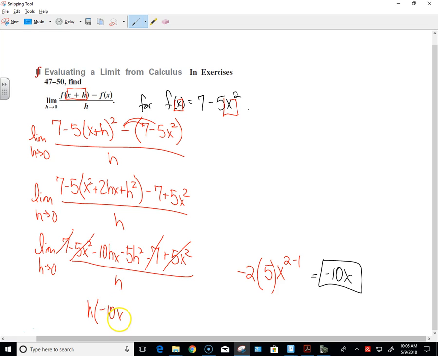Negative 10x minus 5h all over h. What happens to those h's? Gone. Why does the limit now disappear? Because I'm plugging in, but I'm only plugging in for h. And what's my final answer end up being? Negative 10x. But this cool little trick that I did, it's something called a basic derivative rule.